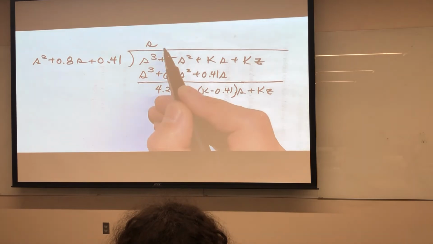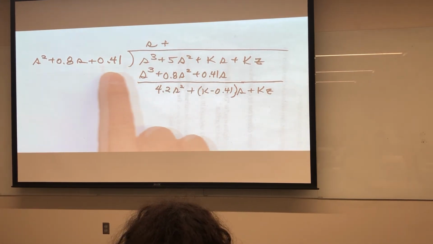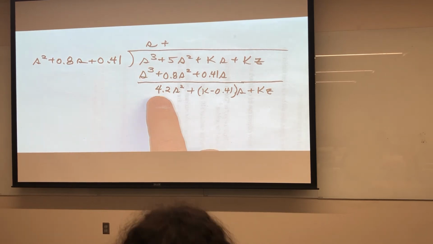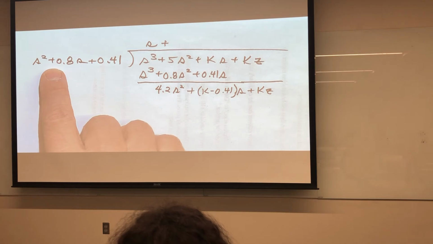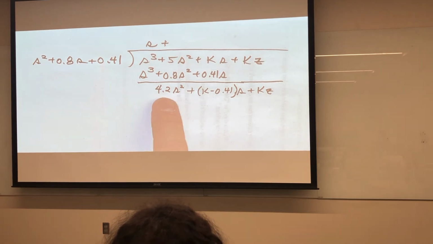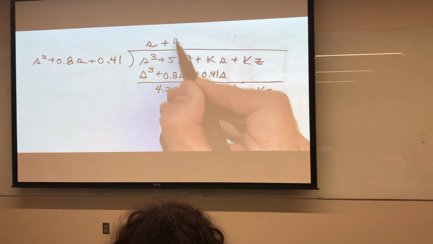So the next thing I need to do is I say, what do I need to multiply this by to get 4.2 s squared? I need to put a 4.2 here.